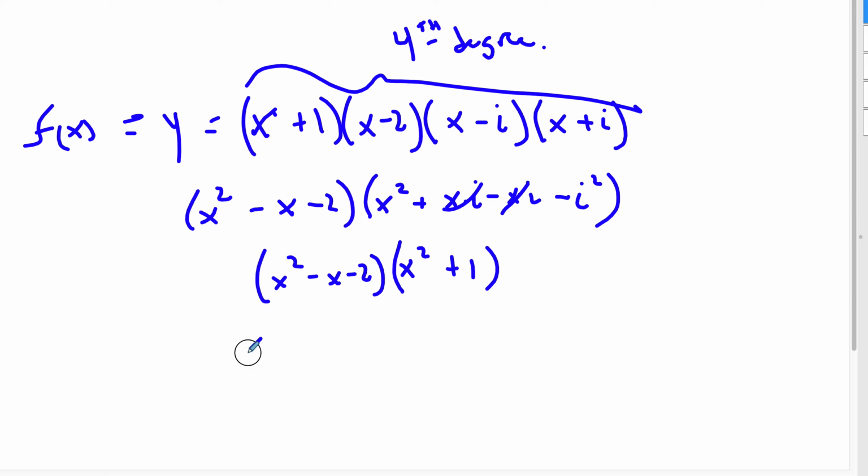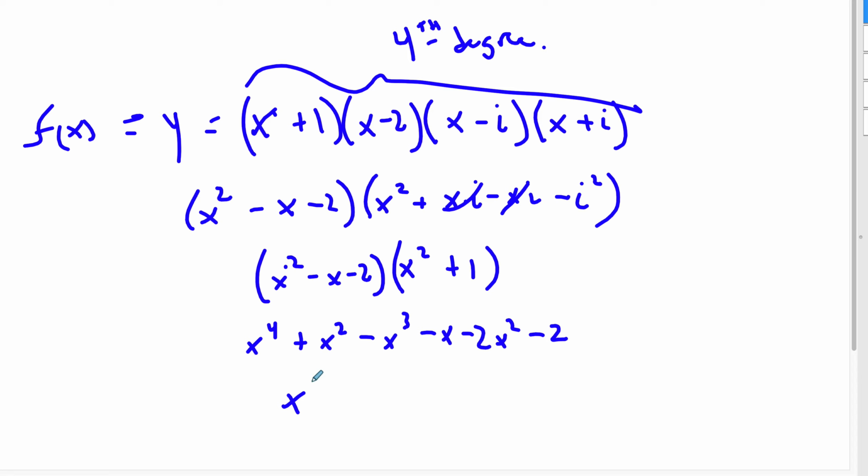x squared times x squared is x to the 4th. x squared times 1 is x squared, right? So we've taken the x squared times both of those. Now we take the negative x times both: negative x times x squared is minus x cubed, and minus x times 1 is minus x. Then we take the negative 2 times the x squared, and the negative 2 times the 1.